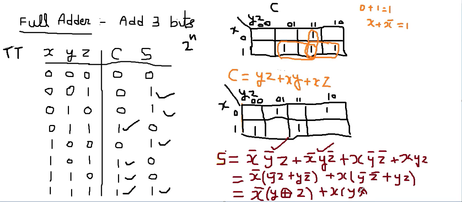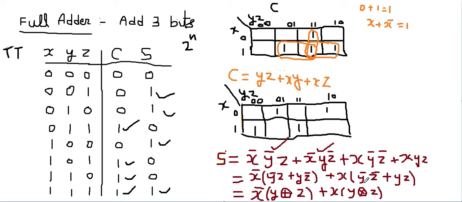This is your XNOR gate, and the XOR gate and XNOR gate are opposite to each other, because in the XOR gate, when both inputs are different, it evaluates to 1, and for the XNOR gate, if both the inputs are the same, it evaluates to 1.